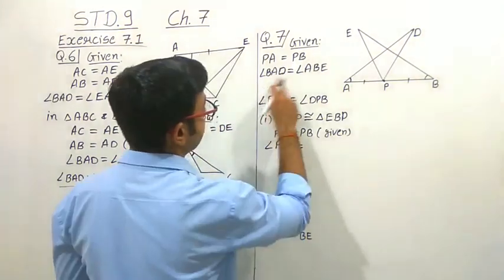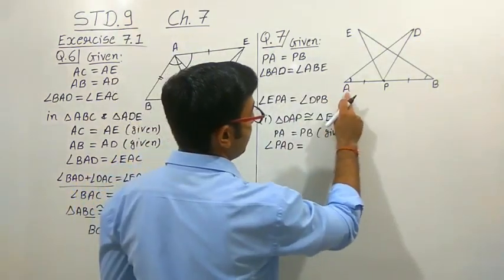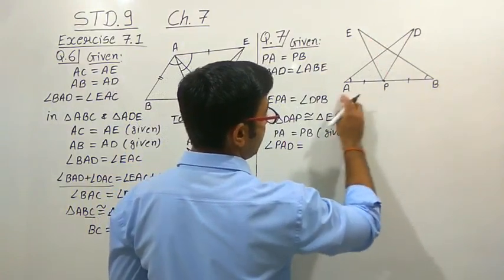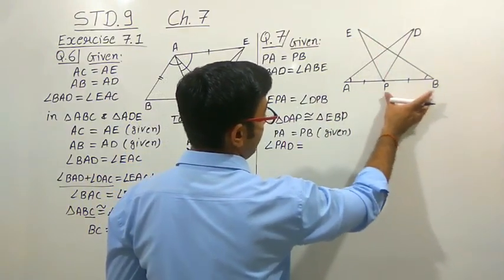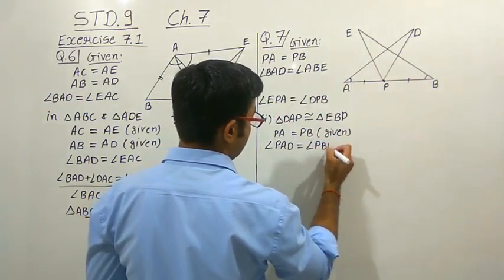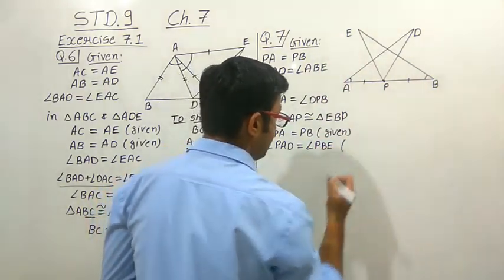In the same way, for this angle ABE, instead of writing ABE, we are shortening this arm AB. Instead of AB, we are writing angle PBE. What is the reason?